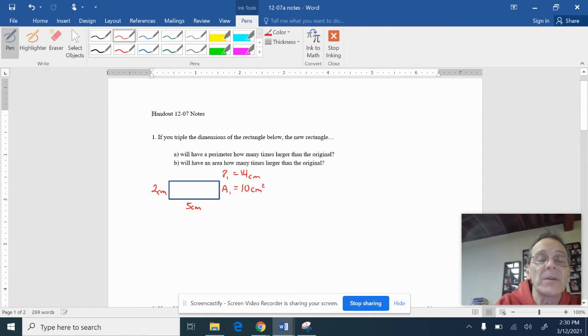Okay. So now if we triple the dimensions, and dimensions is fairly synonymous with lengths, dimension is referring to a length type of measurement only. So if we triple those, we'd have a brand new rectangle, right? And let's make it go 5 centimeters in that direction, and this 5 centimeters here and 5 centimeters in that direction.